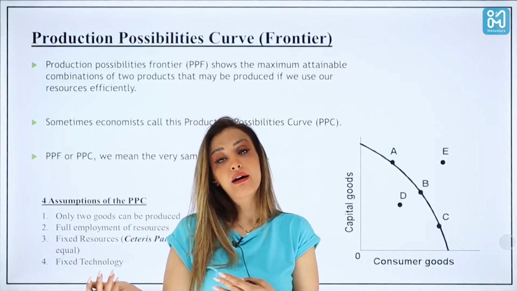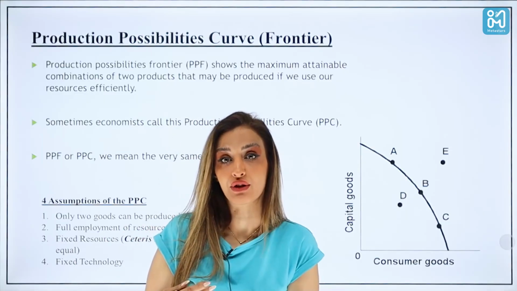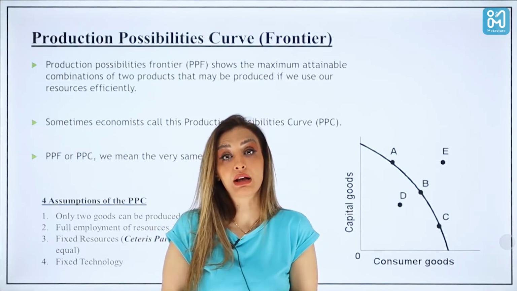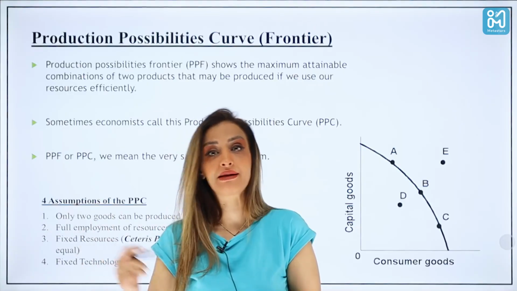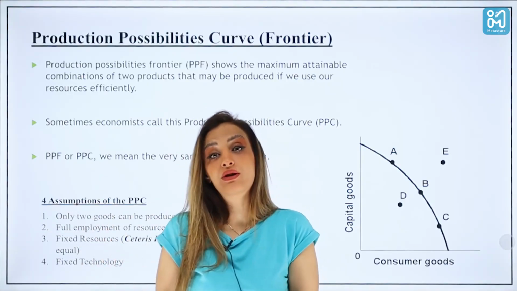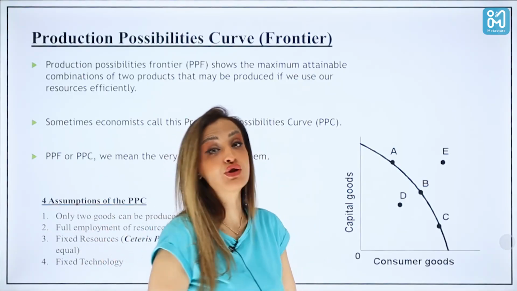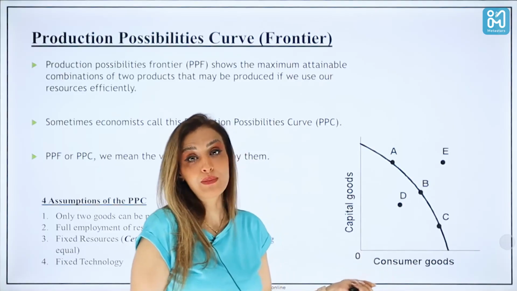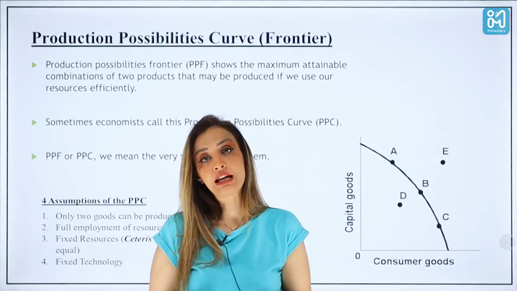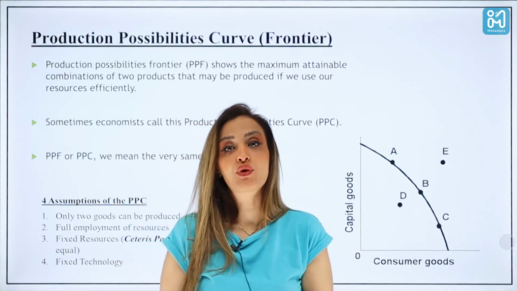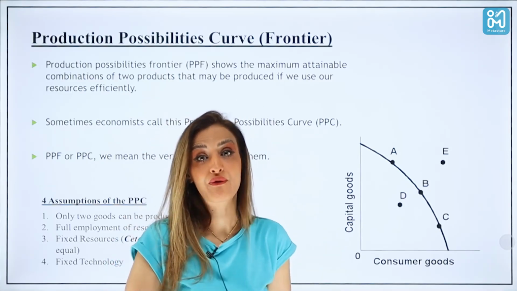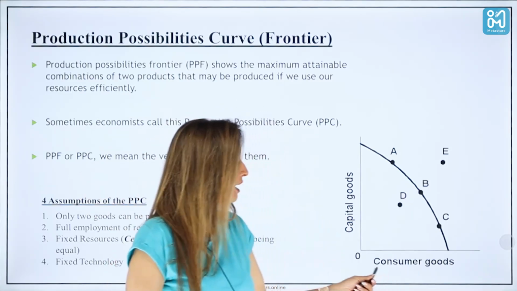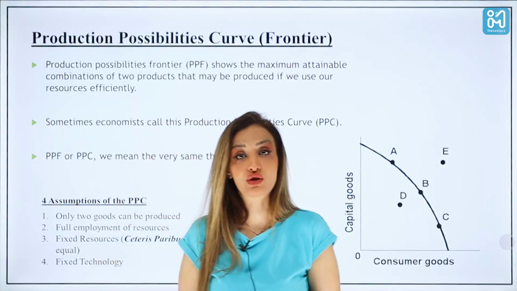You will import it from another country in order to produce chocolate with milk, right? So you will buy this machine from other places or another country in order to produce the consumer goods, which is chocolate with milk. And most of the time, those countries who produce capital goods have economic growth faster than the countries that only produce consumer goods.